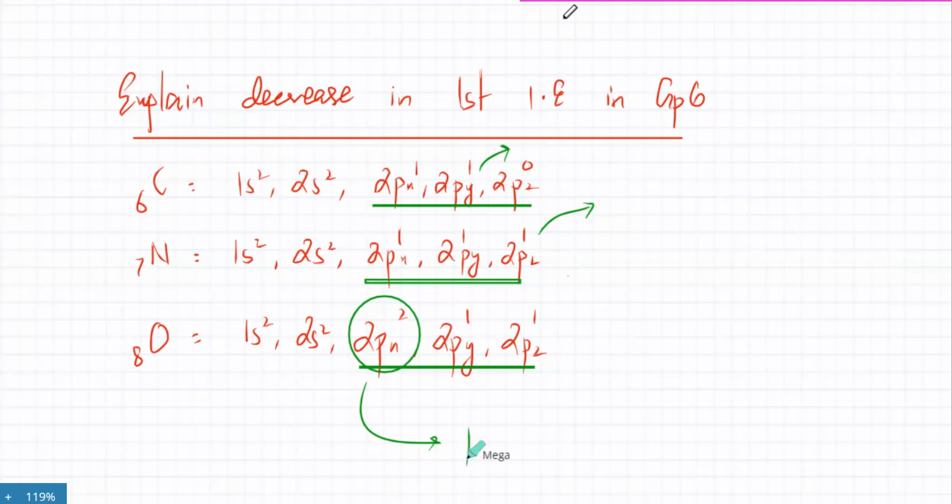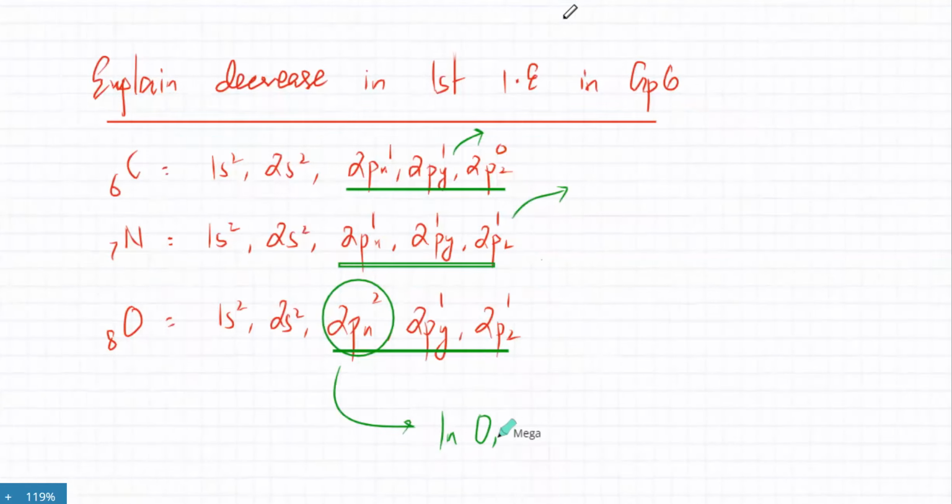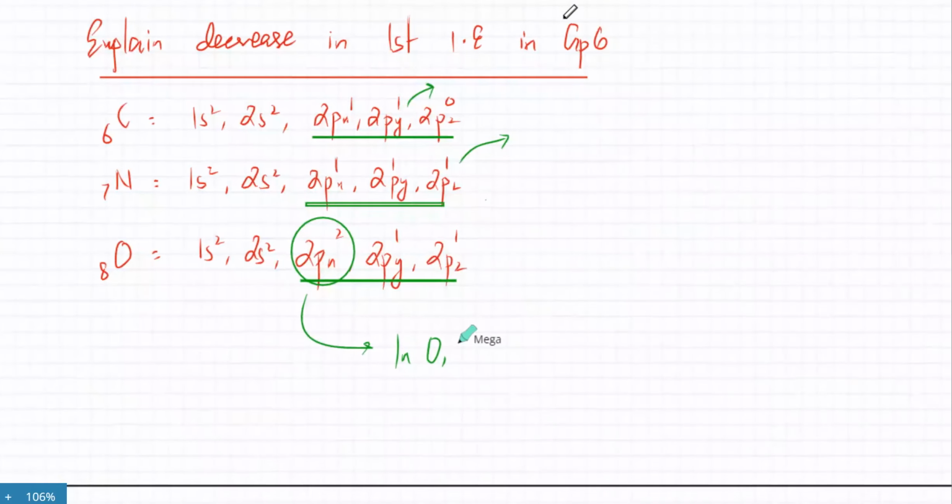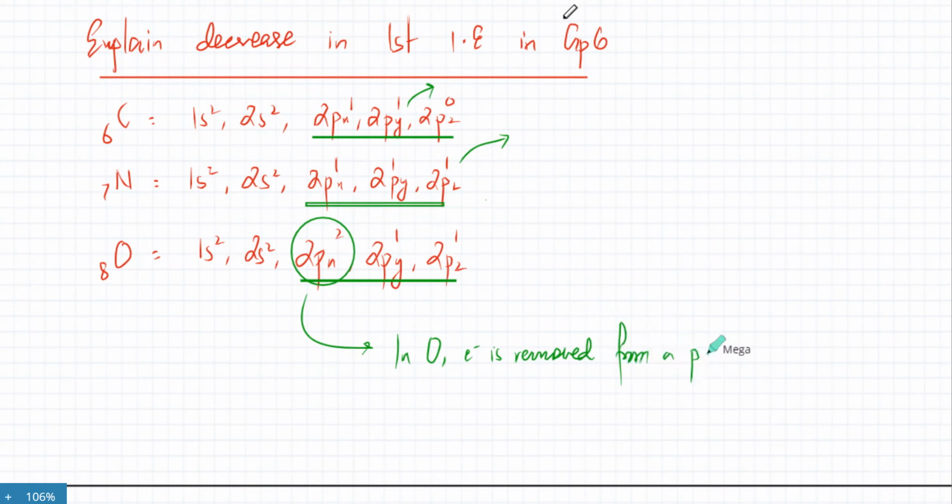So in oxygen, what you'll write is that the electron is removed from a paired p subshell.